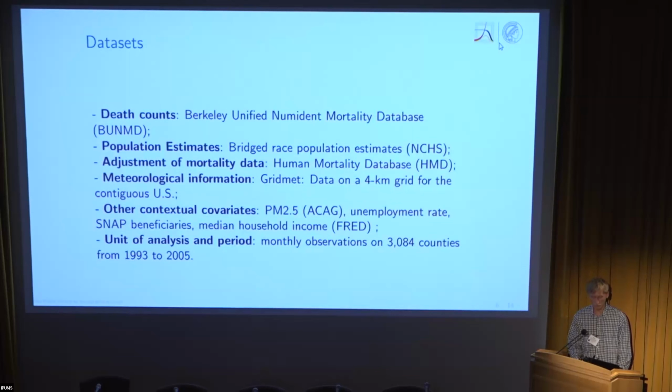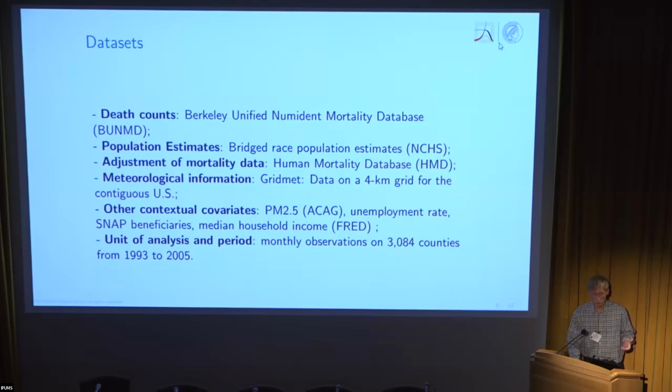The principal one that we're using is the death counts provided by the Berkeley Unified Numident Mortality Database. Then we have population estimates by race provided by the Bridged-Race Population Estimates. And as we don't have the full death counts because of some missing data, we adjust these using the HD dataset.